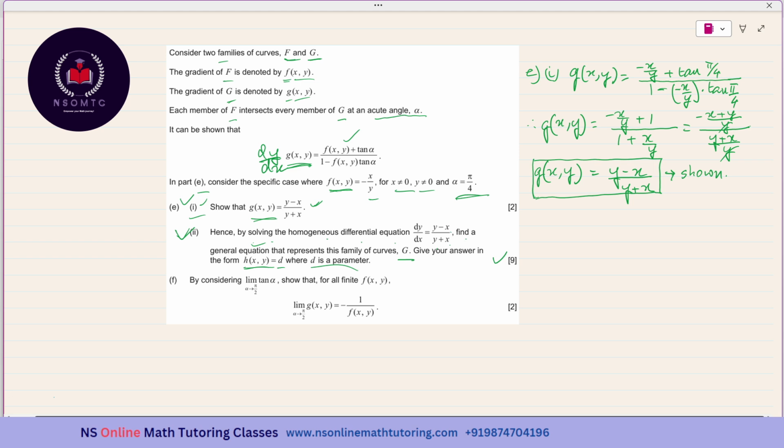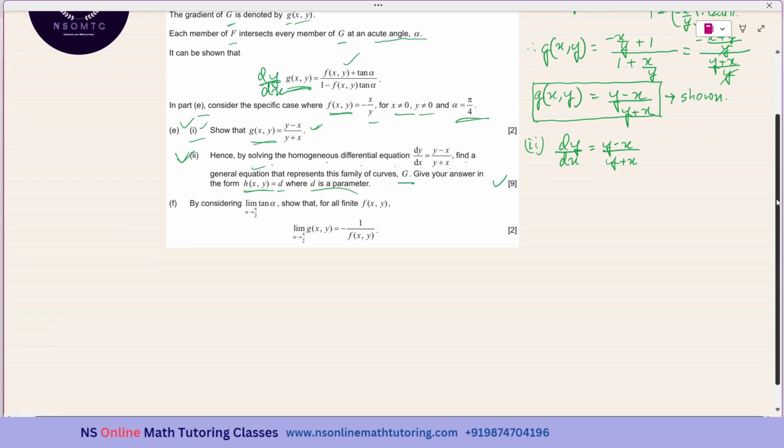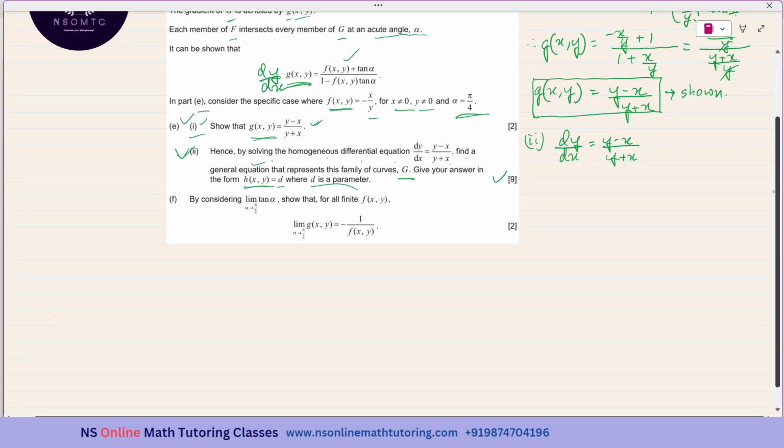Okay, so I'm starting my answer from this point, and dy by dx is equal to y minus x over y plus x. And they have said that it is a homogeneous differential equation, so I do not have to prove that it is a homogeneous differential equation.